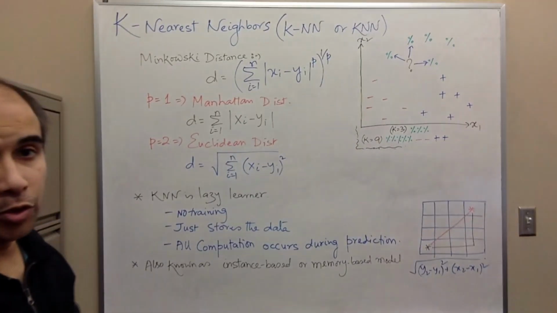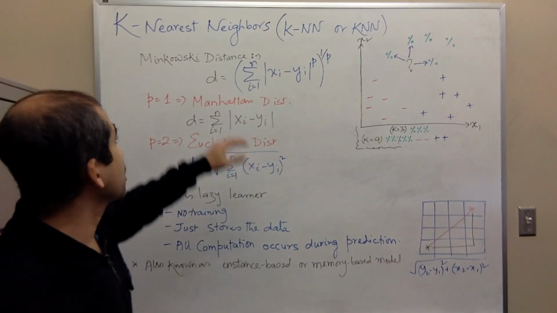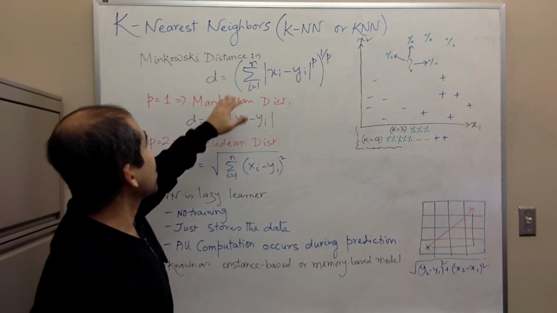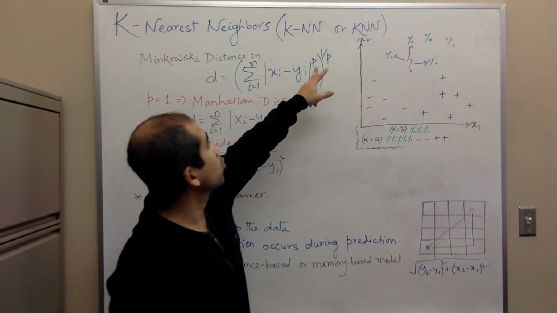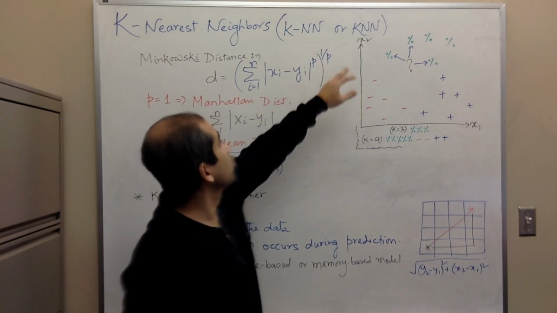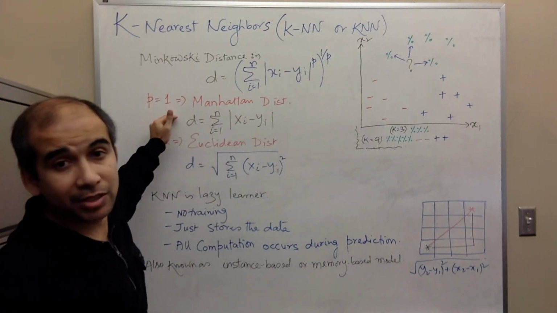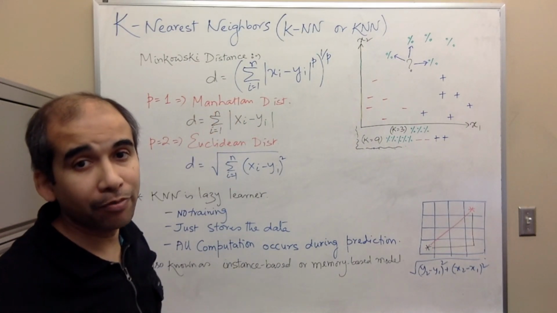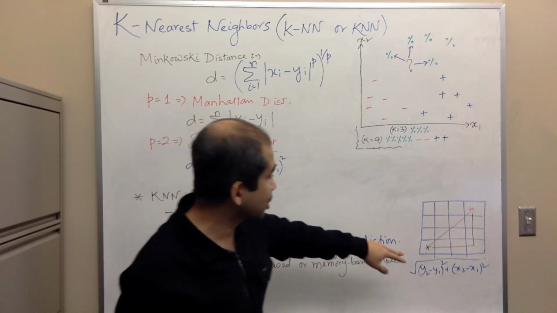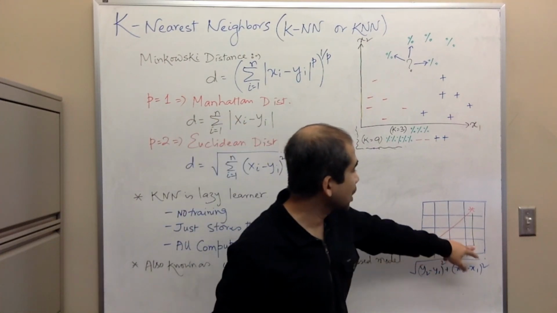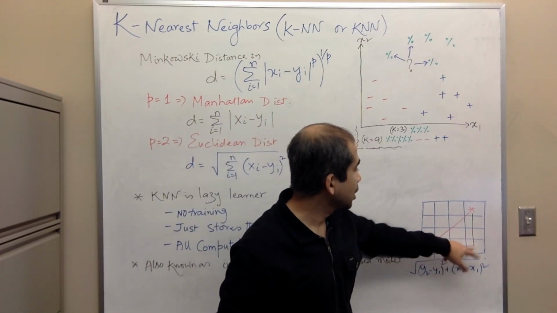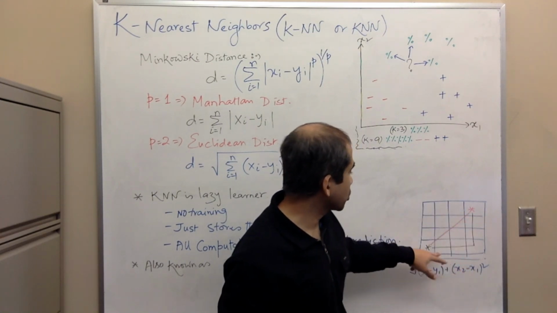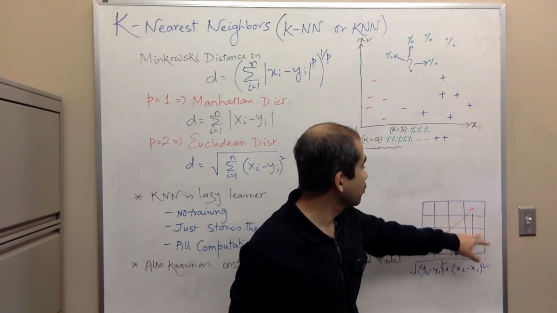Two things to show you: this is the formula of the Minkowski distance, and when in this formula p equals 1, it becomes the Manhattan distance formula. And what is Manhattan distance? Once more, it just counts the number of square grids in the x direction and then in the y direction. So this is like 1, 2, 3, 4, 5, 6.